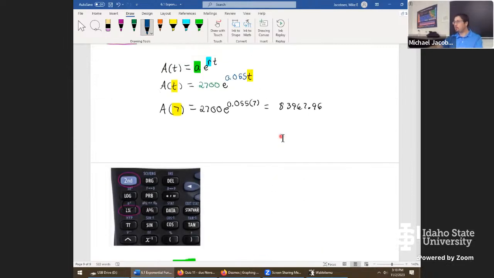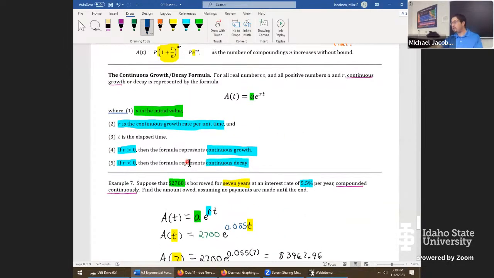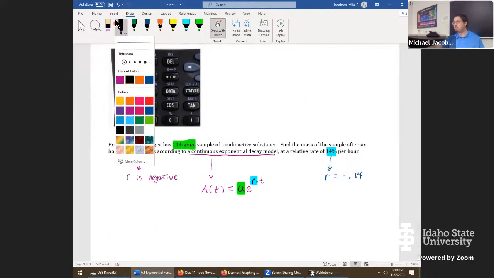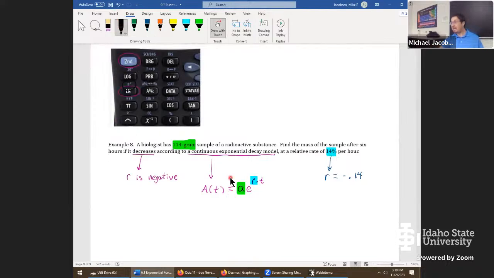And the notes, this is also where you could be looking. If it ever says continuous decay, it's telling you immediately your r value must be negative when you go to put it inside the function. So back to our function here we're building. We can now fill in the values that we have and say the amount of mass at time t is going to be first the 114 grams.